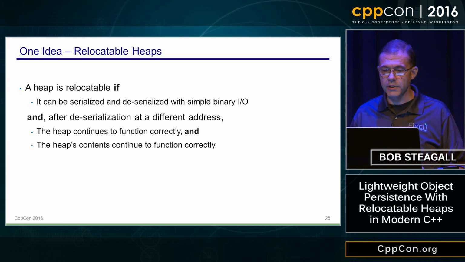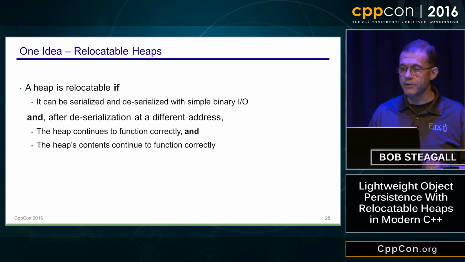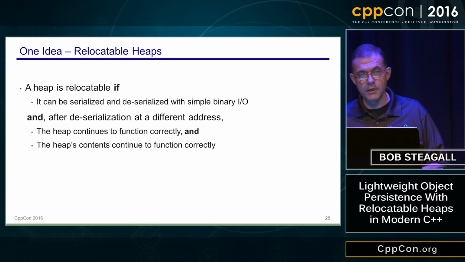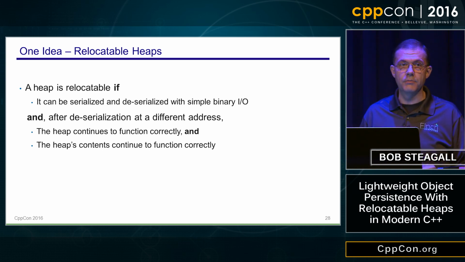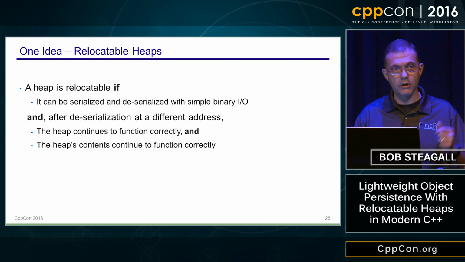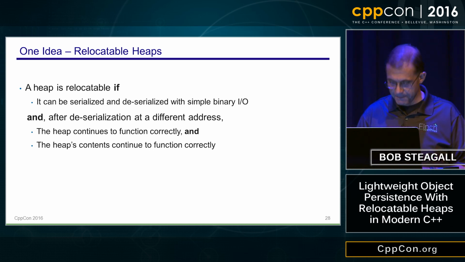In other words, after relocation, all class invariants are preserved for the heap and all the destination objects it contains, and all the destination objects are semantically identical to their corresponding source objects.